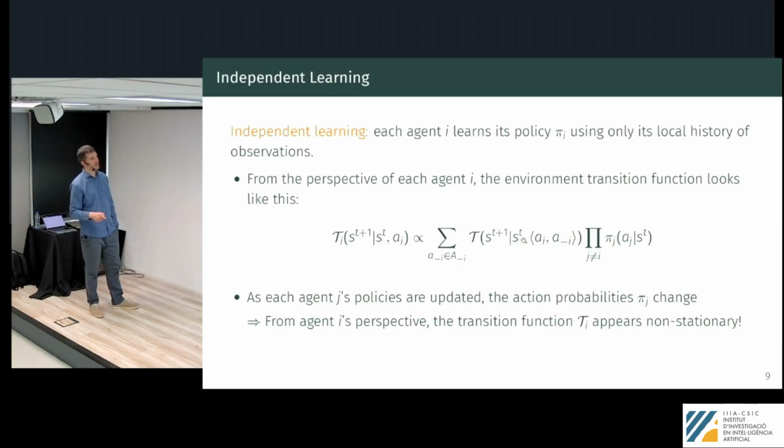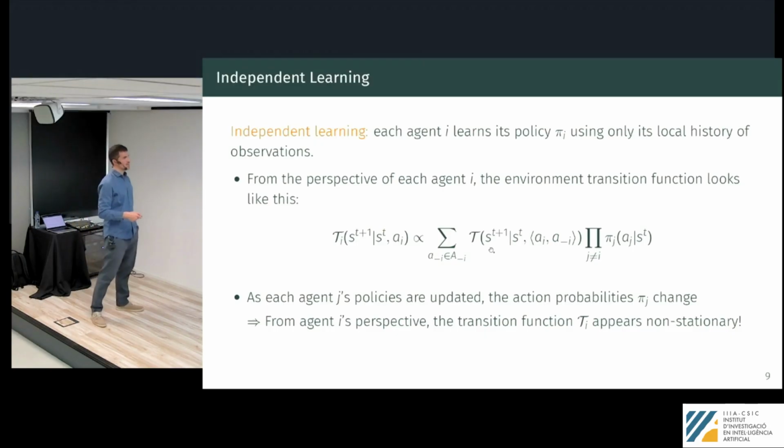We execute that in the environment, and then we get the probability over the successor state using the original state transition probabilities from the stochastic game. And then we multiply that with the factorized probability that the joint policy would assign to the actions in the joint action here. So this is basically a definition of the transition probabilities from an individual agent's perspective.